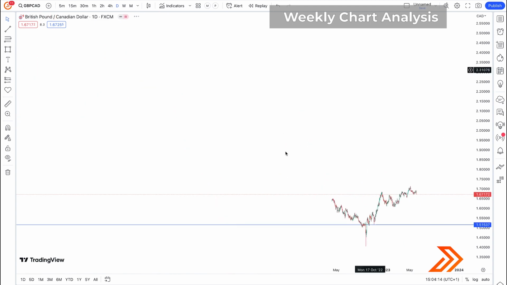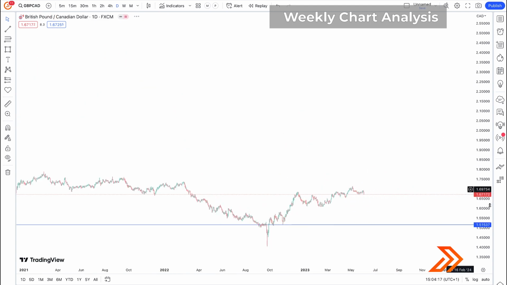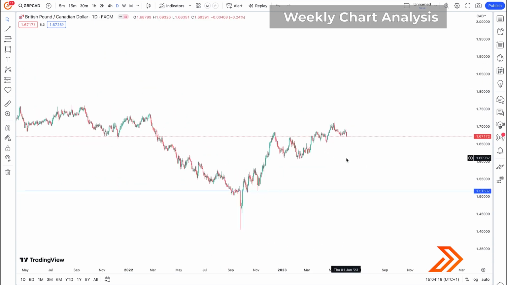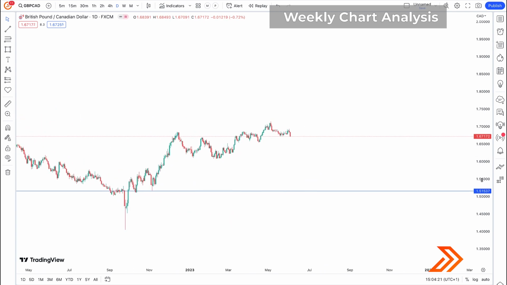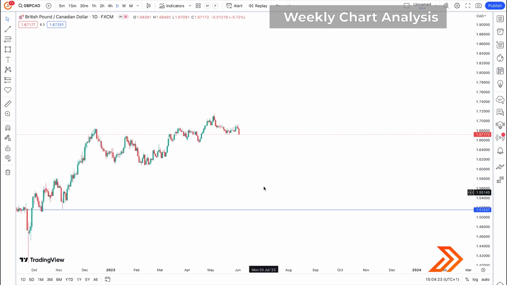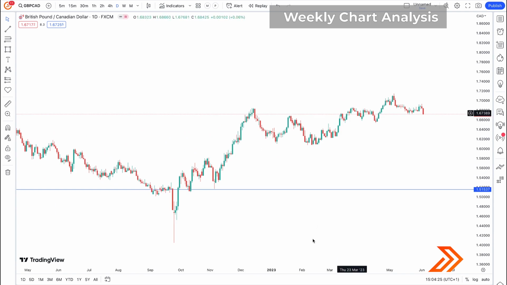But let's go down to the daily time frame and see if we can find some important entry criteria.